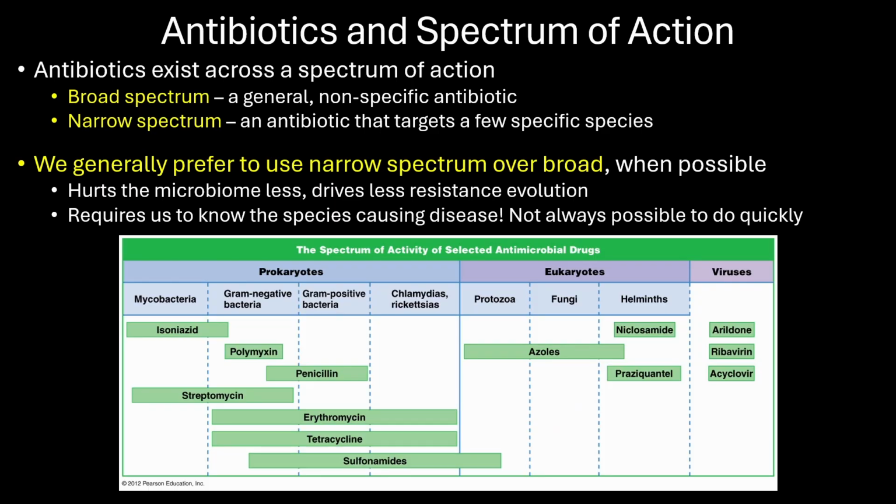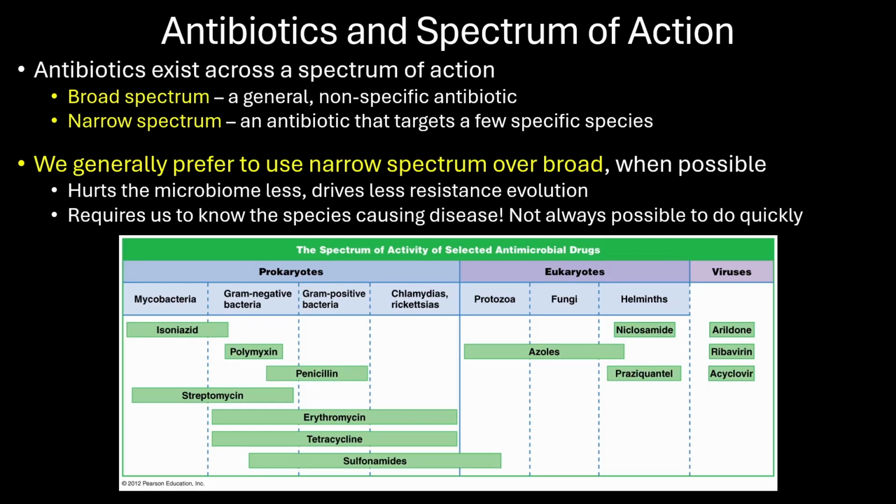Antibiotics ultimately fall under a spectrum of action. They could be either broad spectrum or narrow spectrum, where broad spectrum means they are quite general, very non-specific, and will attack a wide class of bacteria. Narrow spectrum antibiotics are much more specific, usually targeting only a handful of species that share a very specific characteristic.